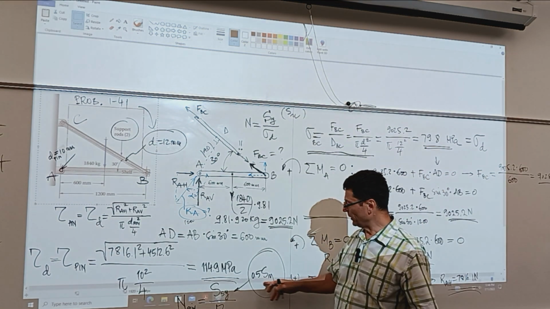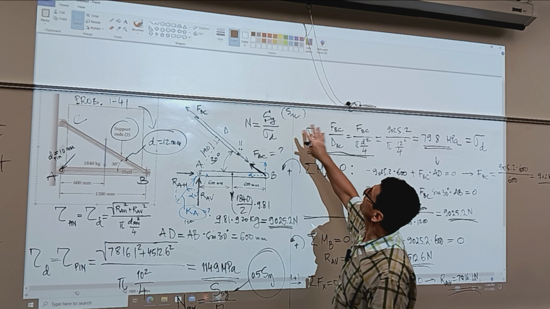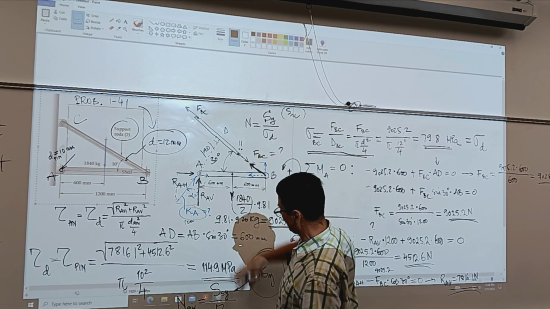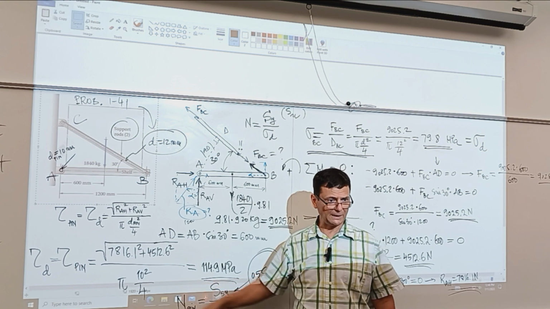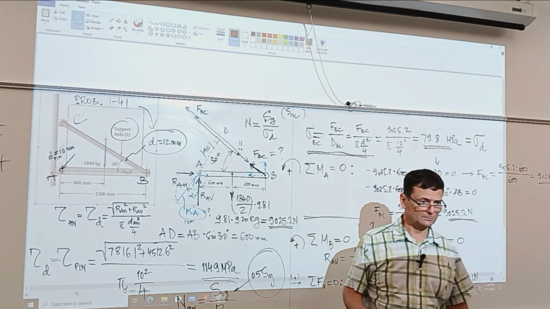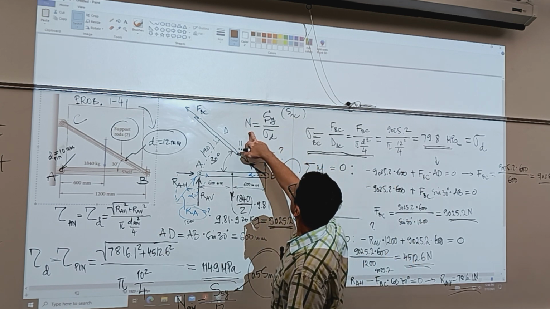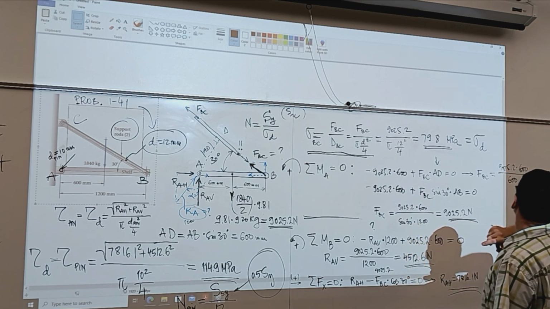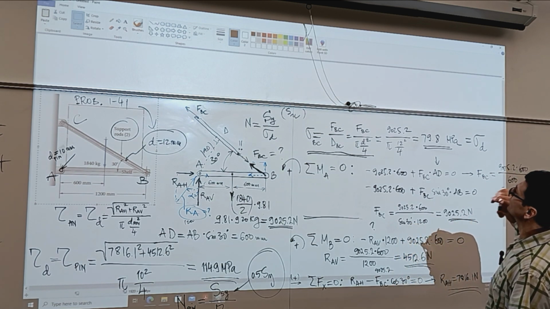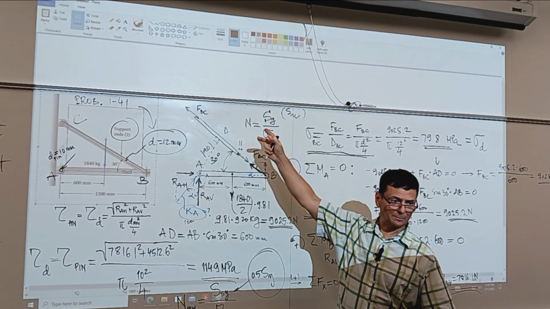If you think about 0.5, it means we are assuming the same material, which might not be the case, that it is worse at the pin than at the rod. Does it make sense? So to get the design factor, I need the yield strength of the material, like 160 megapascals.